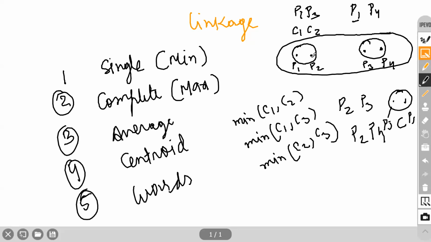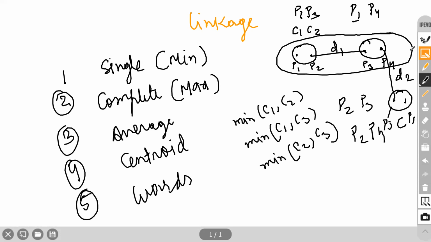When I merge clusters, I take the minimum distance between the clusters, measured from the minimum points of the clusters. So this point to this point I will consider as distance D1, and from this to this as distance D2. Suppose these are the minimum distances. Whichever is lesser, it will combine with that. That is called single linkage or minimum linkage.